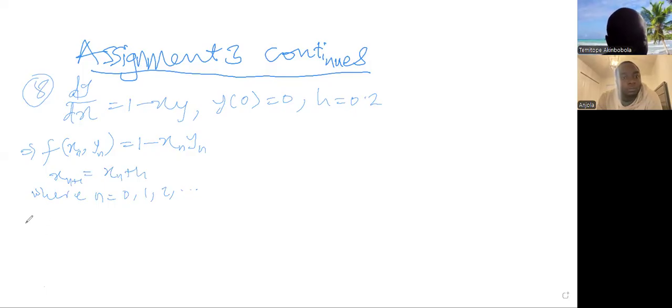We are going to use xn plus 1 equals xn plus h to iterate values for x. Is that clear?